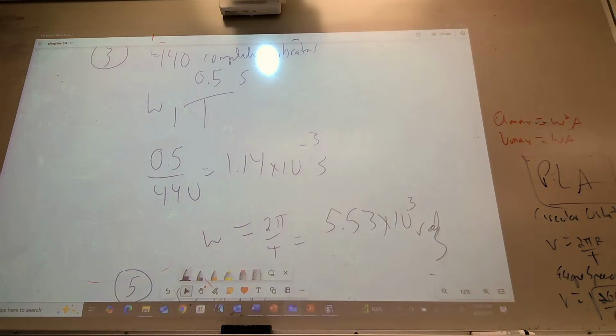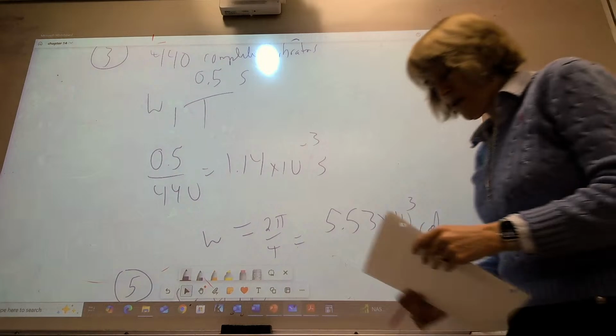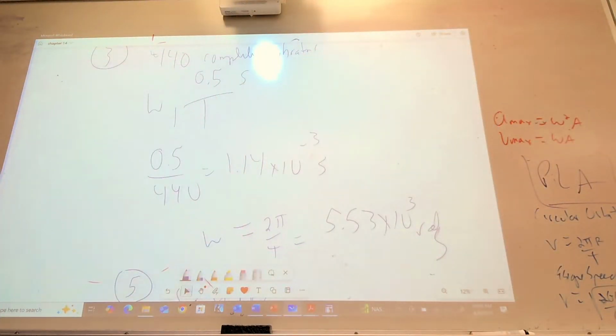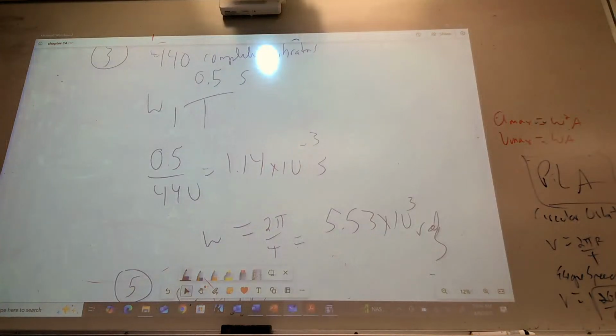In order to answer the question on the time, you're going to have to first get the period. But that's not the answer to the question, right? The period helps you figure out the answer to the question, but it's not the answer to the question.